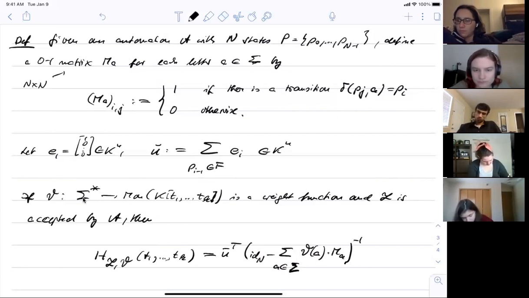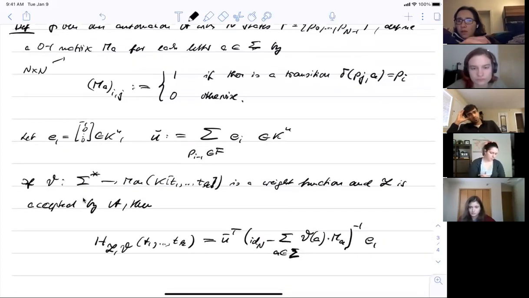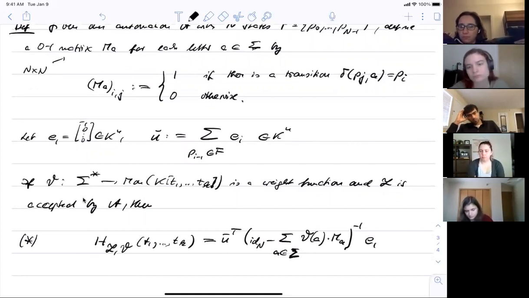And then we take the inverse, and that we multiply by E1. Now, proving this is pretty straightforward. You can also find this in Stanley's book, for example.